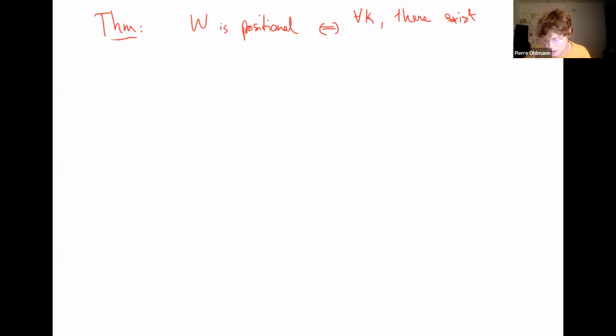There exists a monotone well-founded kappa W universal graph. Now I should explain what this means.